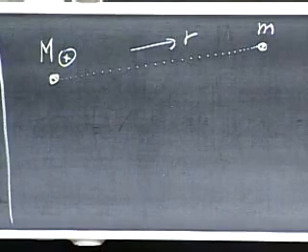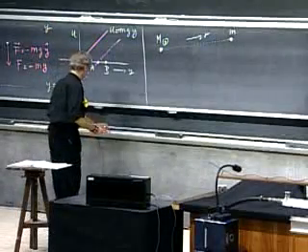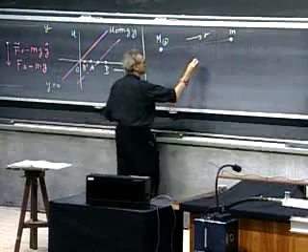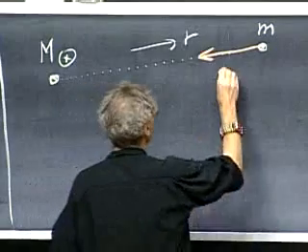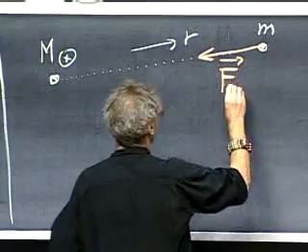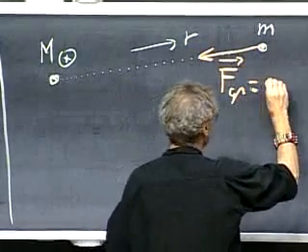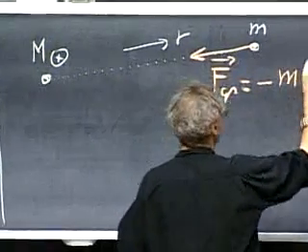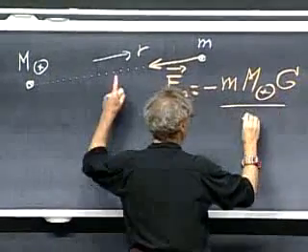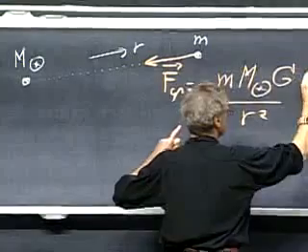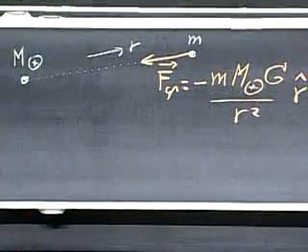I now know that there is a gravitational force on this object, Newton's universal law of gravity, and that gravitational force equals minus m Earth, g, divided by r squared, r roof. So this is a vectorial notation.